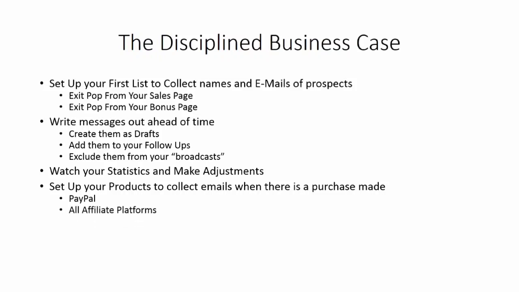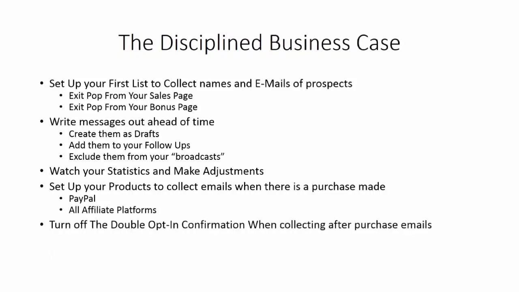Now, the other thing you need to do, and I think I talked about this in the advanced course, is make sure you turn off double opt-in confirmation when you're collecting purchase emails. After a purchase, there's no need for you to double opt-in. And please do not think that you're being sneaky by doing that.